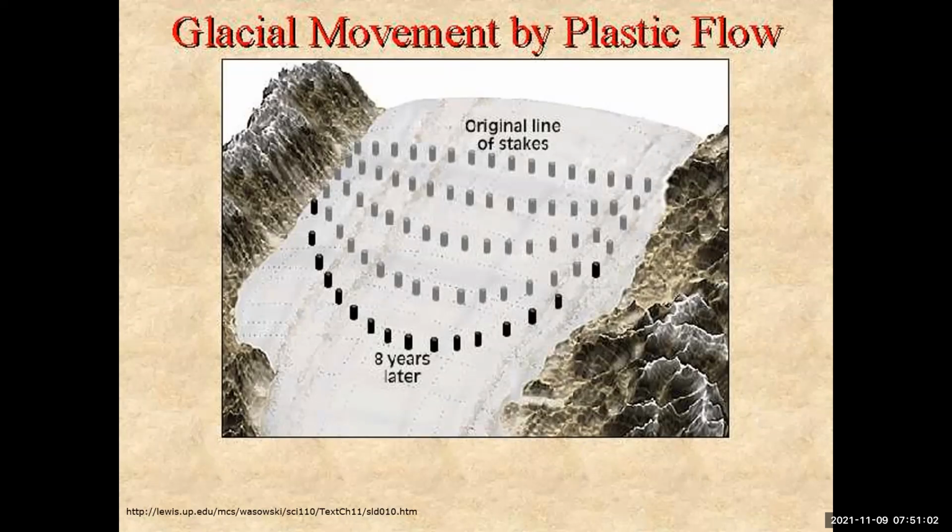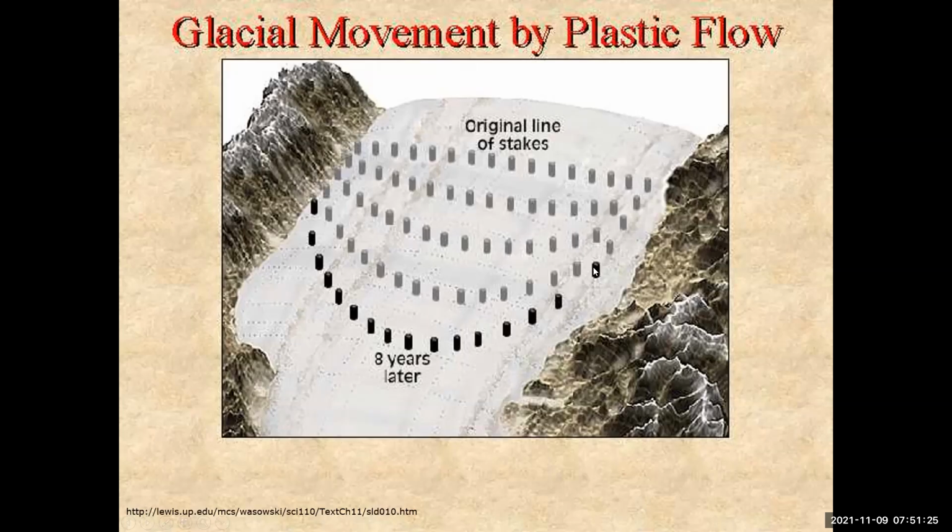And that's because this is the area of the least amount of friction between that ice and its surrounding environment. And so you can see here, there were stakes put into this glacier and tracked over a series of 8 years. And we could see that those stakes had moved some distance by basal sliding of the glacier.